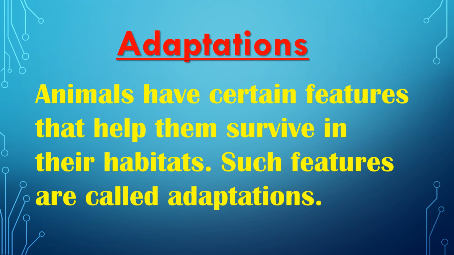Also, in the desert areas, the camels have padded feet to survive. In the polar region, the animals have thick fur to protect them from extreme cold. So these are the features that help animals to survive in their particular habitats, and these features are called their adaptation.